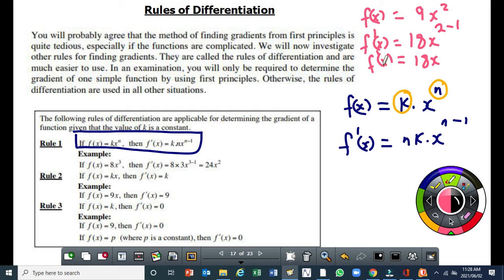Usually the variable is x. That exponent, you multiply it by the coefficient. Then you subtract 1 from the initial exponent, and then you simplify it, and you get your answer. So from now on, after this lesson, we won't be finding the derivative from first principles. We will be using rules to determine the derivative of any function.